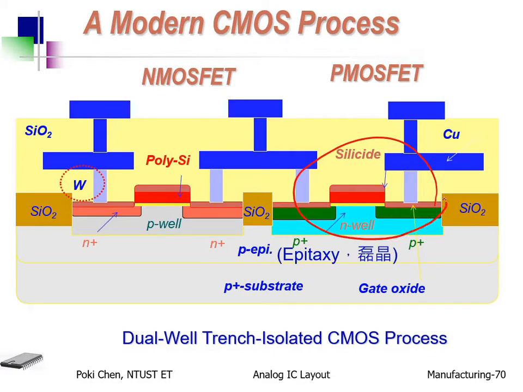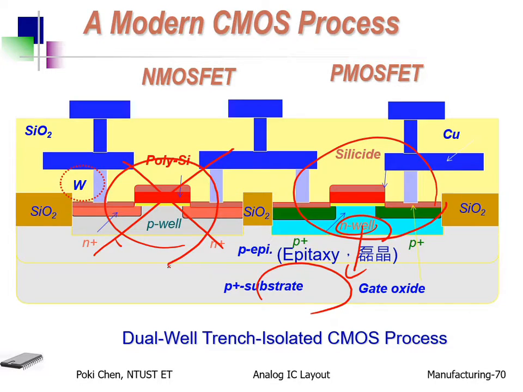We have PMOS in N well, then we have P substrate. We don't have such kind of P well. So it really means that for NMOS, usually you cannot get rid of the body effect. If you would like to get rid of the body effect, you need to connect your body to your source.